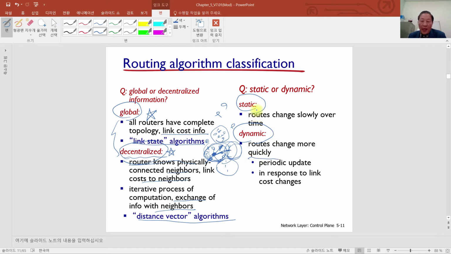Depending upon that, we can classify into two: a static algorithm and a dynamic algorithm. In a static algorithm, routes change slowly over time, and in a dynamic algorithm, routes change more quickly, with periodic updates and in response to link cost changes. That is being changed dynamically and quickly, so it is called a dynamic routing algorithm.